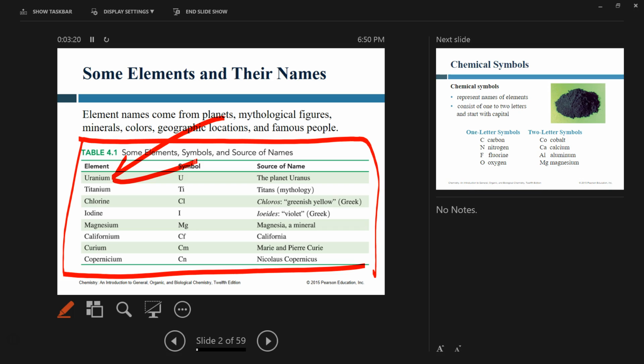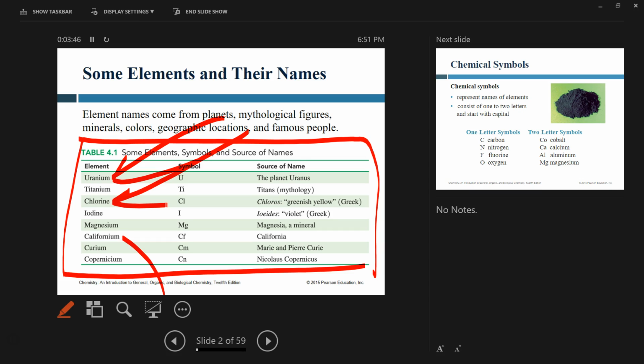Okay? Palladium, which is not on the list, I suppose, was named after the asteroid. Californium was named after the U.S. state. Okay? Chlorine was named after the color. It's a yellowish, greenish gas. Ruthenium was named after the country, Russia.